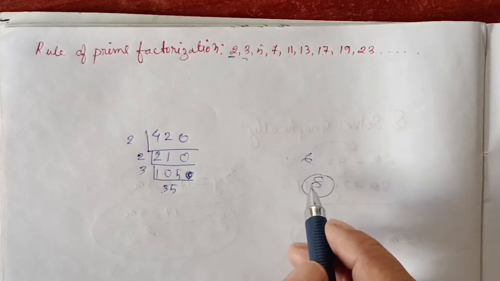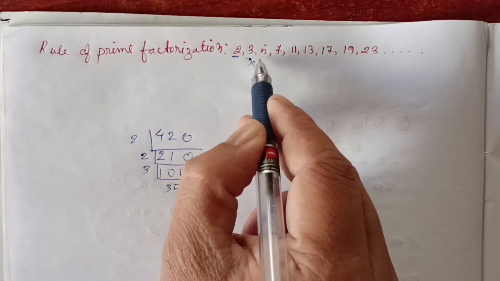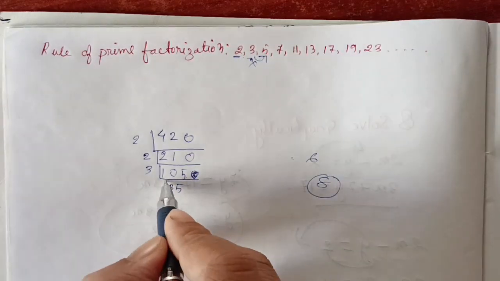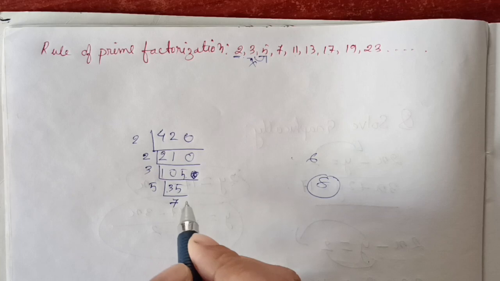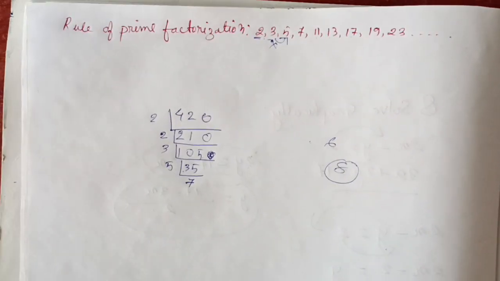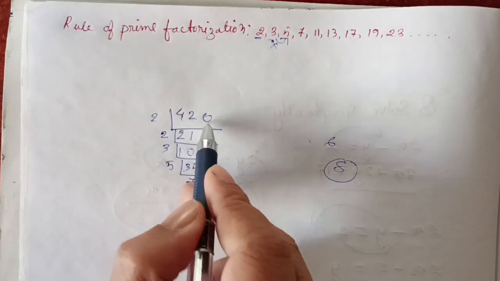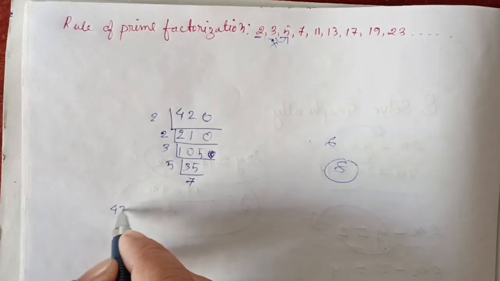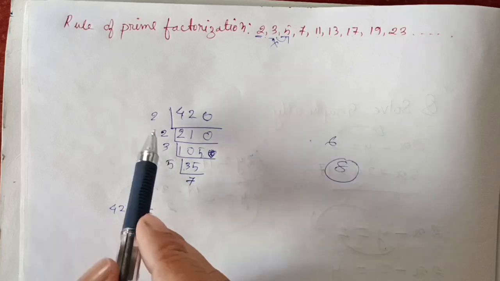It is not in the timetable of 3. So now 3 is not working anymore. The next number should be 5. Now 5 times 7 is 35. Now our prime factorization is finished. Then how do we write the prime factors of 420?